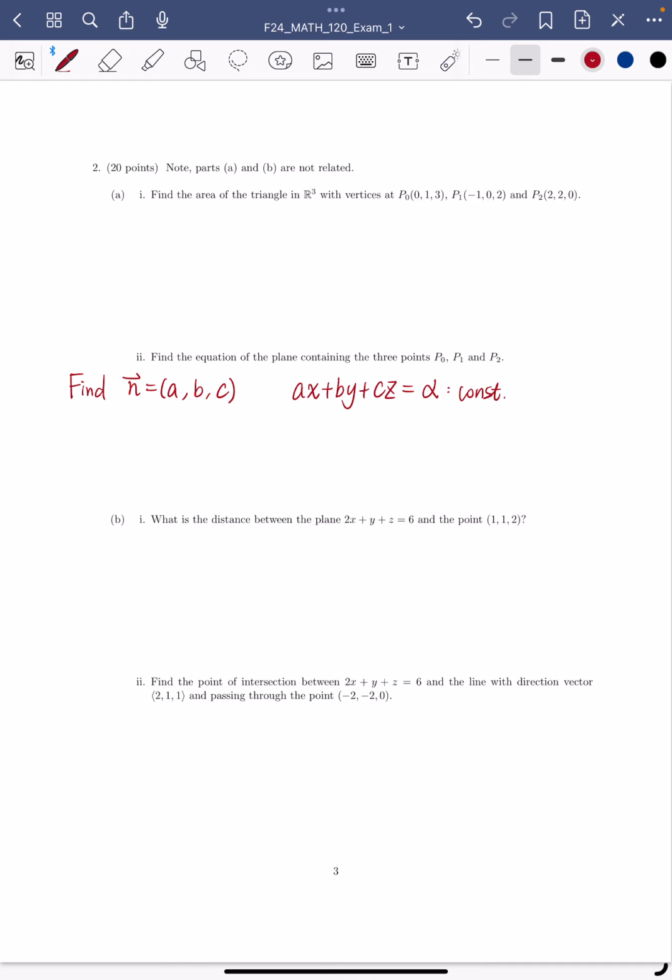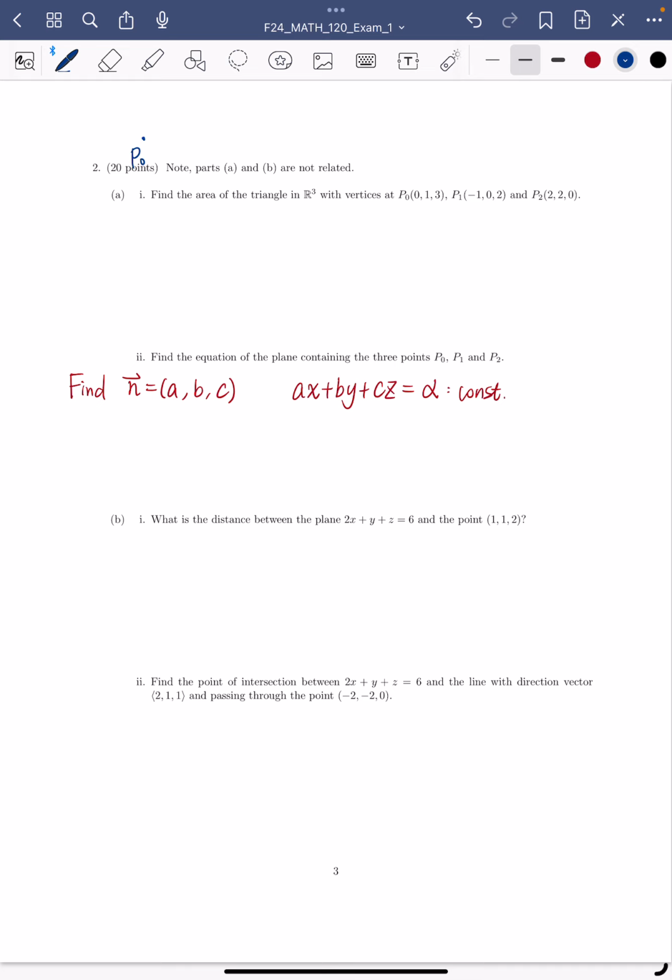Okay, so now it would be convenient if we know what n is. And we can also use this n as an ingredient to solving the first part. So let's see.